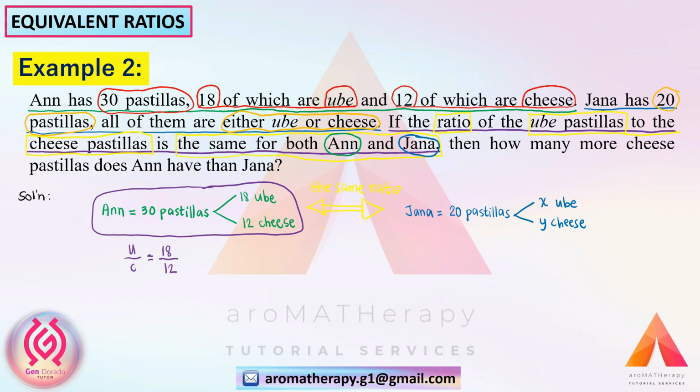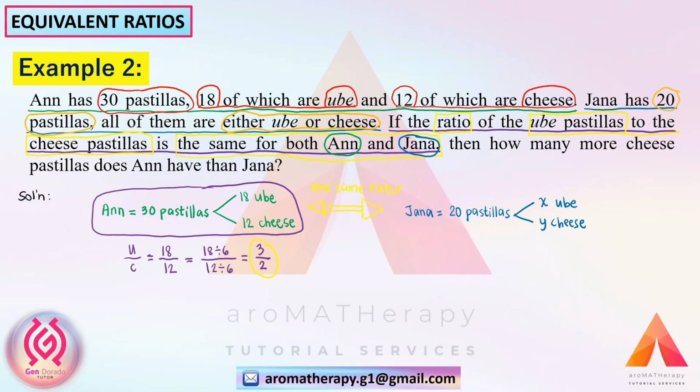O watch my previous video yung about simplifying ratios. 18 divided by 6 over 12 divided by 6 is equal to what? 3 over 2 or 3 halves. Nakuha? So this is your ratio.